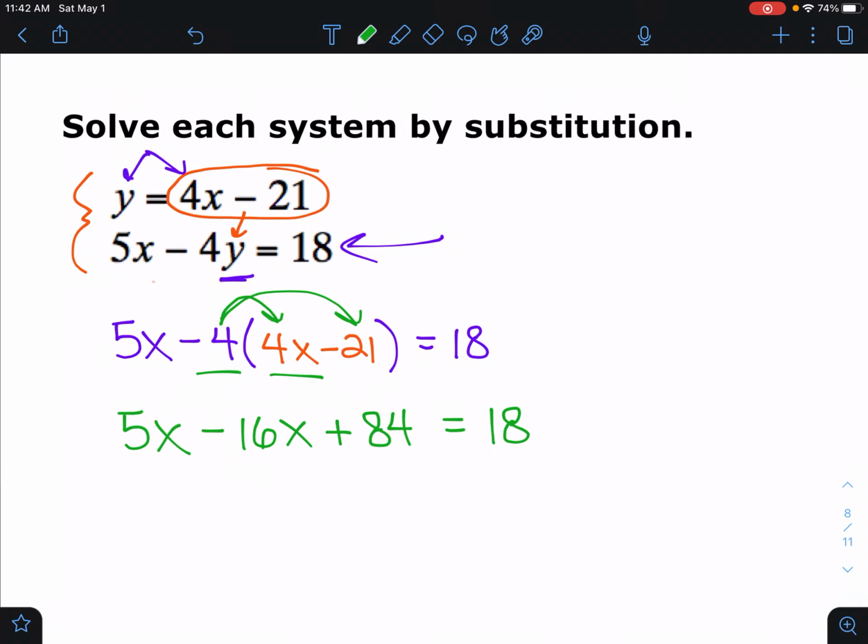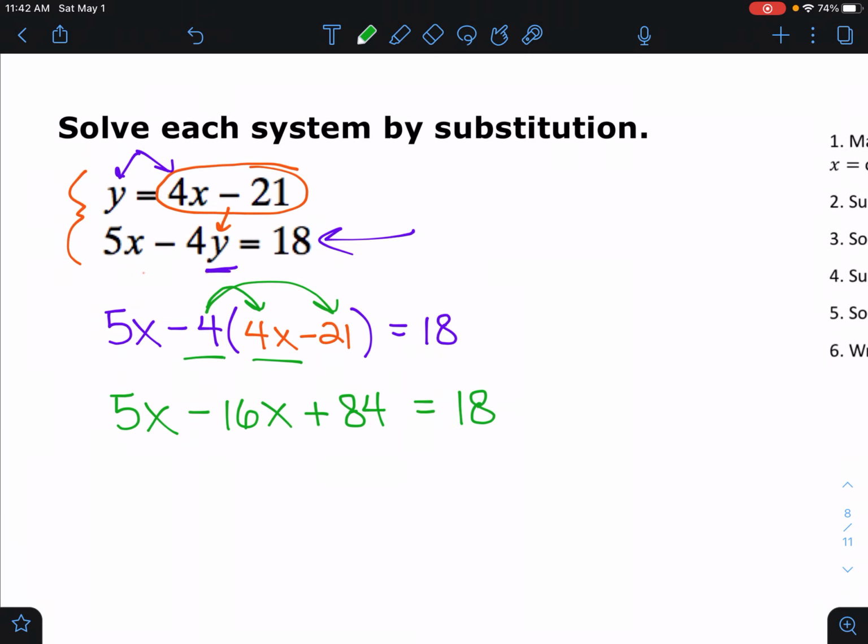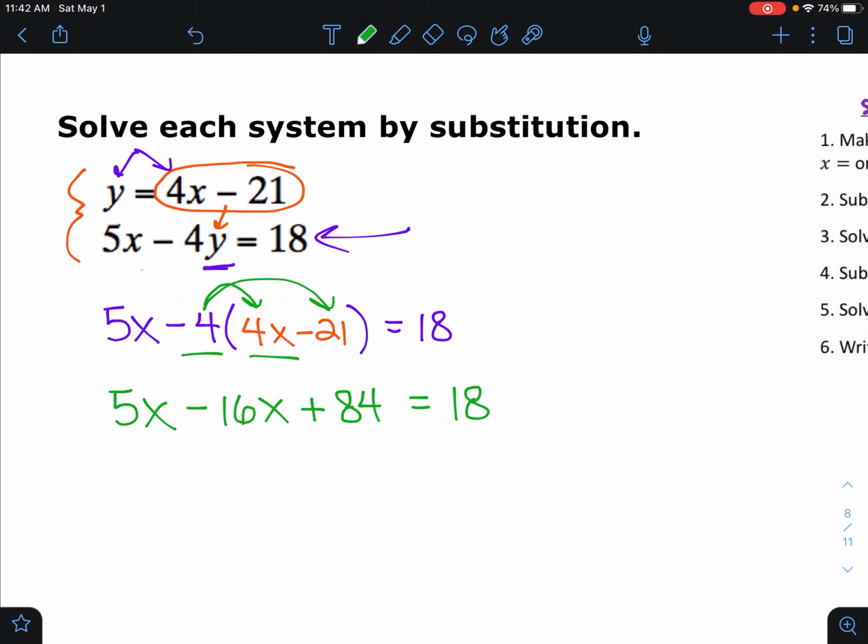Now before you start solving for x, remember, you always need to combine like terms. So I'm going to write that here. Combine like terms. Don't forget to do this before you start solving. So combining like terms, notice these are like terms.